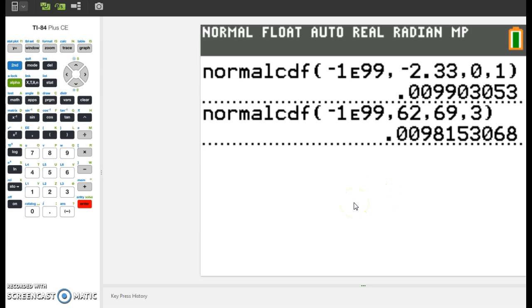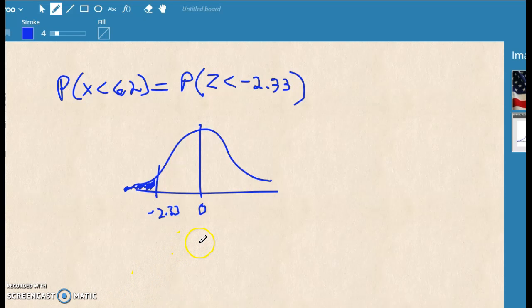So that's the overview, and that's also a basic application using a TI-84 to find area. We will have more of this as we continue on. Your textbook will talk about it, and I will provide some other videos for this topic. If you have any questions on this, please come back and ask in the discussion boards, and I will gladly help.